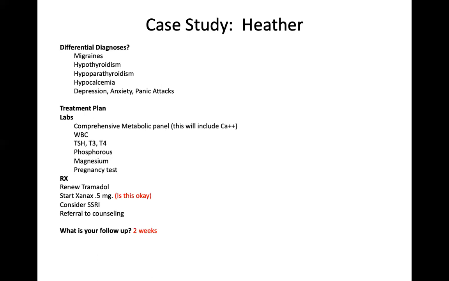So we kind of worked it out. When she was on the FMLA, she could get off everything. And as soon as she went back to work, it all started all over again. Is there any contraindication for giving her an anticonvulsant for the migraines?